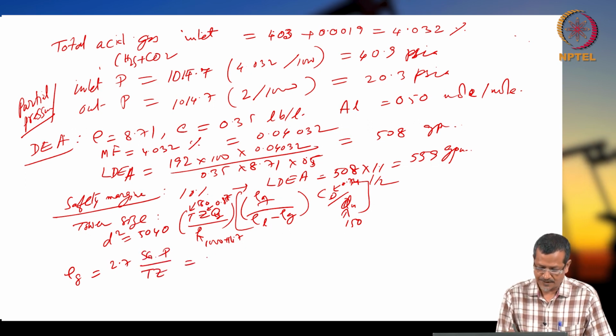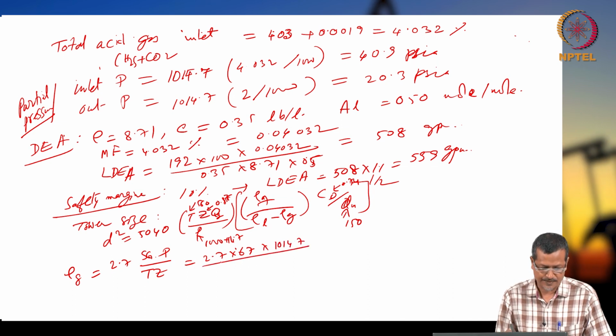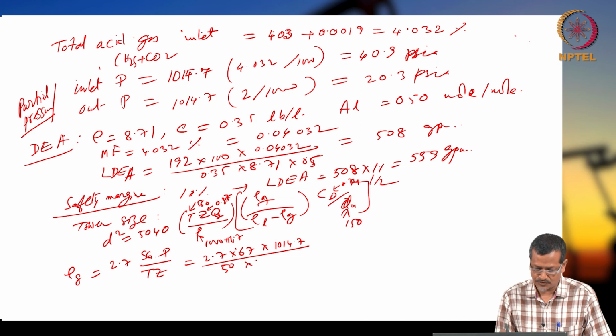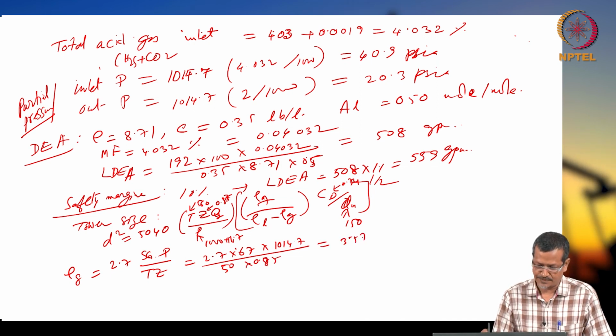From there, putting in the data, 2.7 into 0.67 into 1014.7 divided by 560 into 0.87, this gives 3.77.